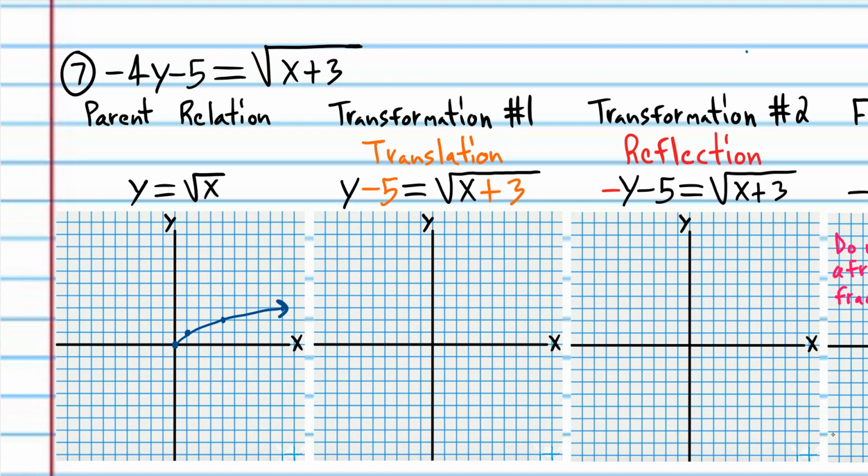Now you see we're subtracting 5 from negative 4y, and we're adding 3 to x. So we're going to replace y with y minus 5, and we're going to replace x with x plus 3. When you do that, you take the graph of the previous equation, and you move 3 units to the left, 1, 2, 3, and 5 units up, 1, 2, 3, 4, 5.